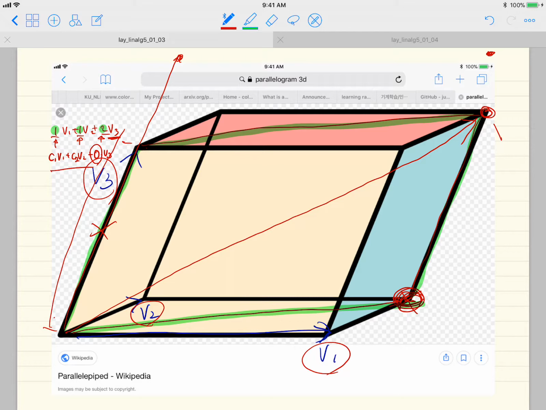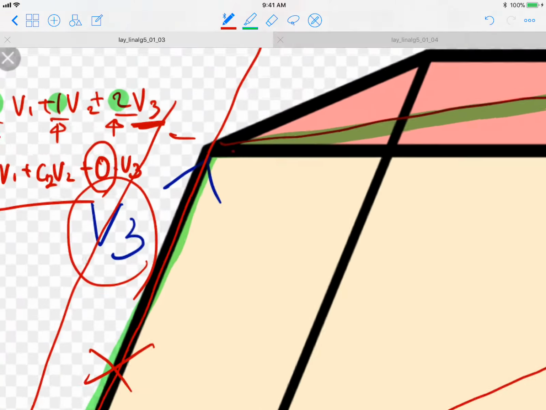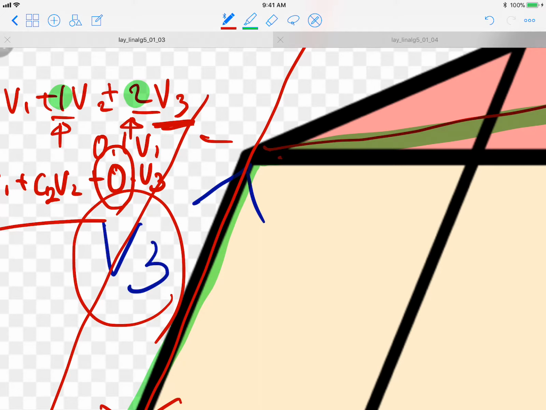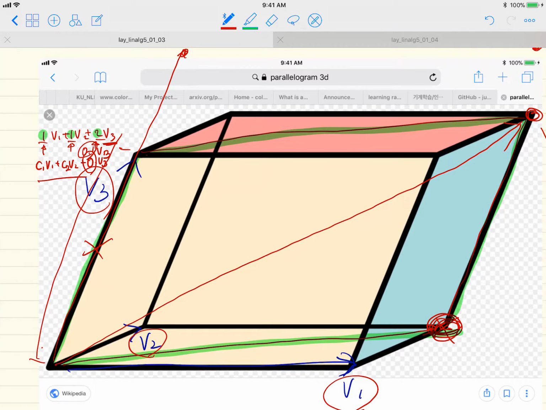If we add a little bit of v3, suppose 0.1 times v3, then this plane will be placed in a little higher position.